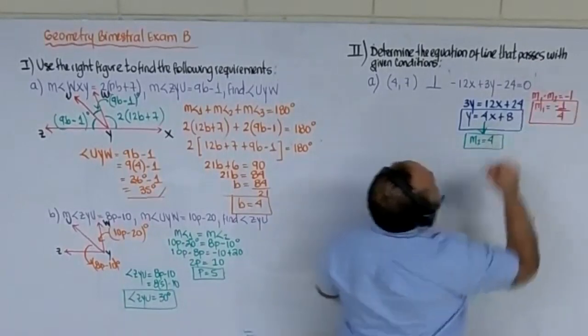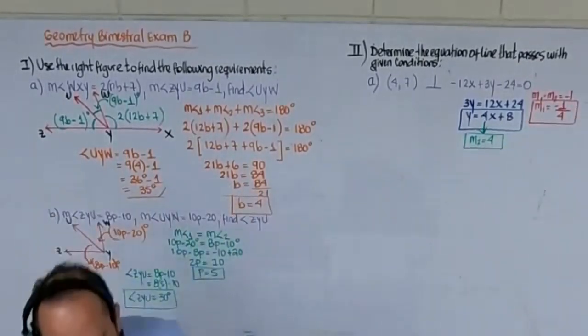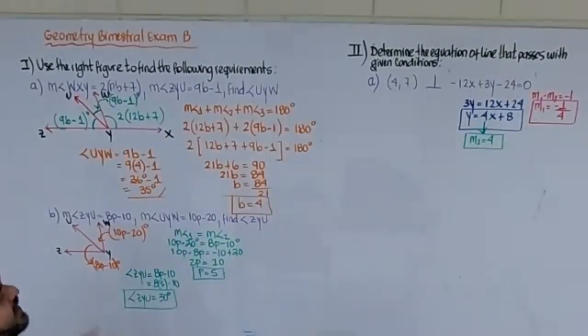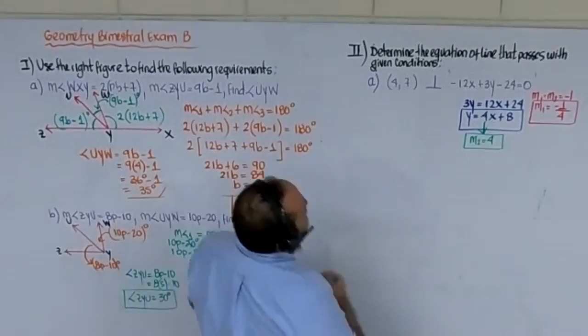So we have the slope of line 1, right? And because we have the slope of line 1 and the given point, now we can write the equation of the line.